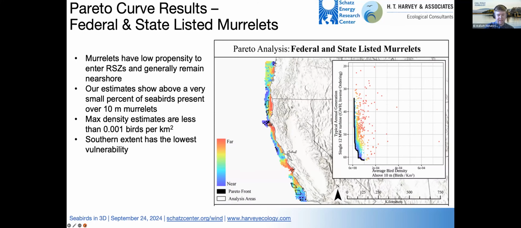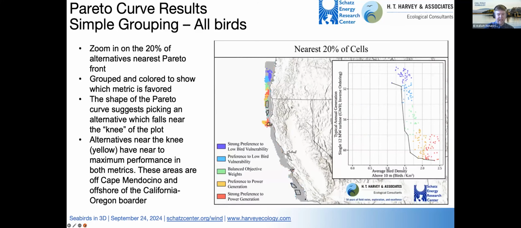Jumping to the next slide, we are looking at a zoom in of the Pareto front. This only includes the nearest 20% of cells based on distance to the front. And this result is jumping back to look at our aggregate of all birds. The top 20% of alternatives based on the Pareto front are shown on this graphic, with all others shown as gray on the map.